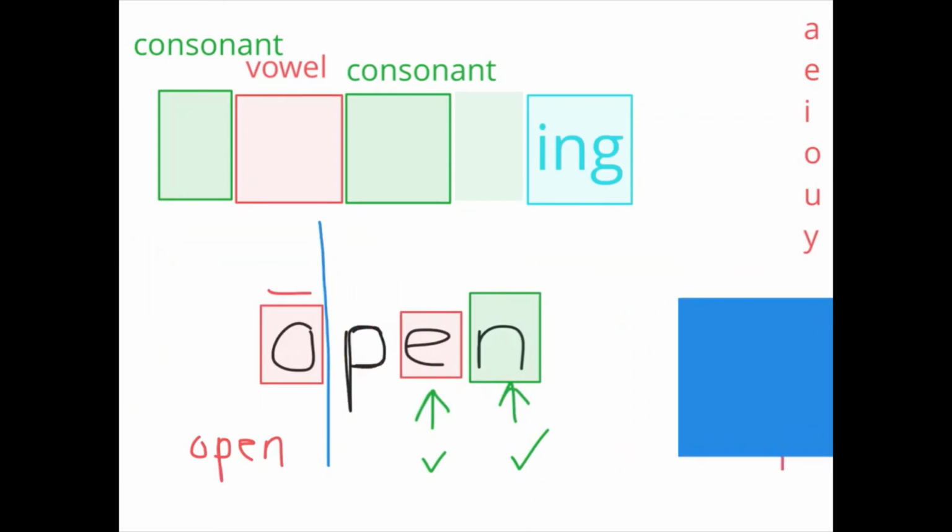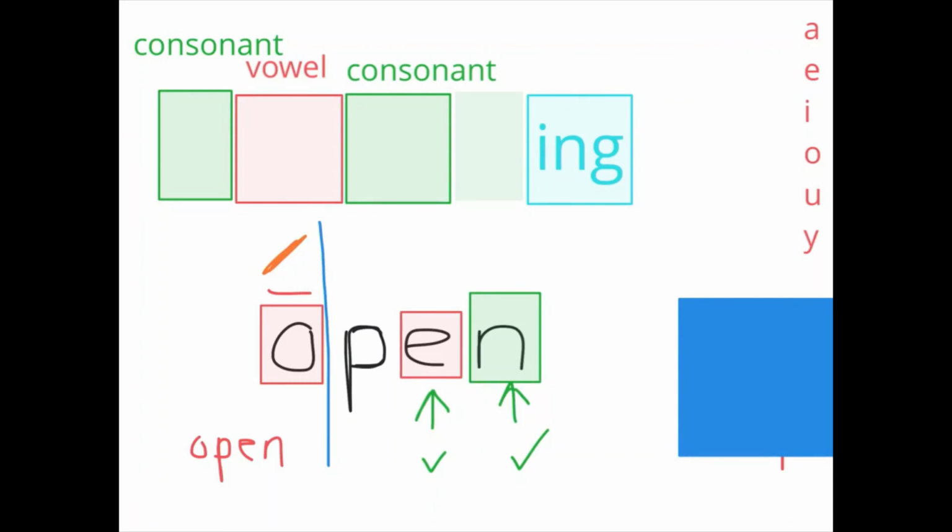Okay, so let's say the words. Do we say open or do we say open? If we say open, we will do this, open, or we would say open. Well, we do not say open, we say open. So we are accenting the first syllable, open.